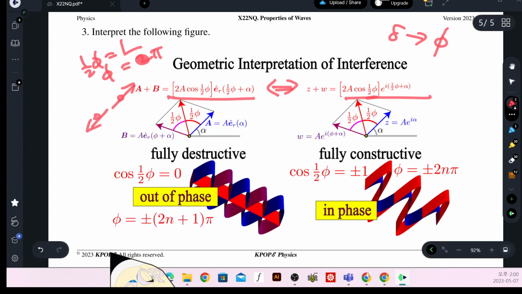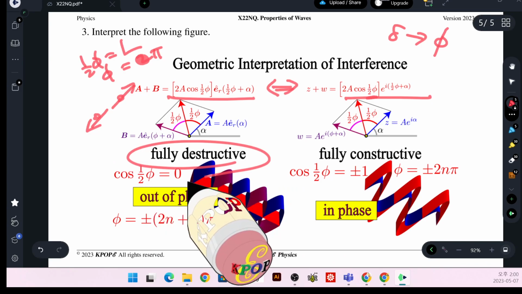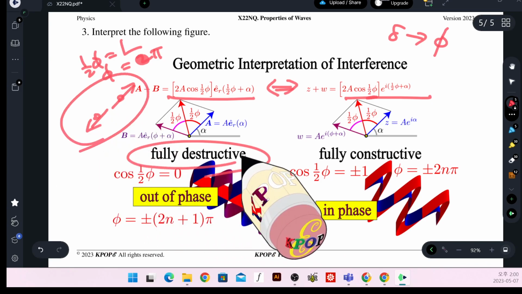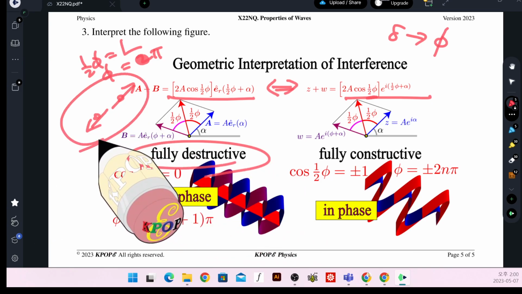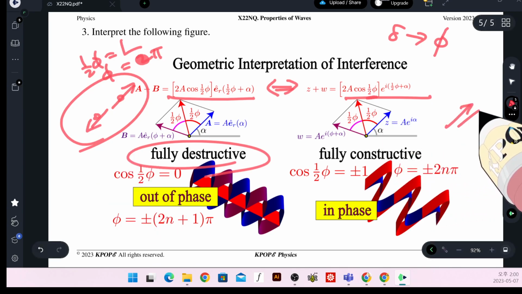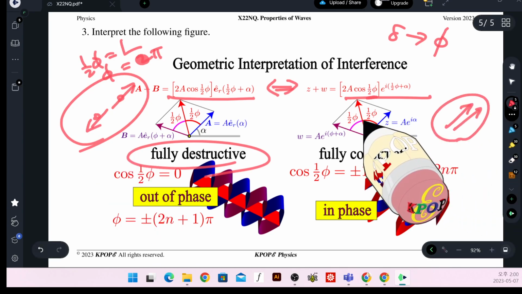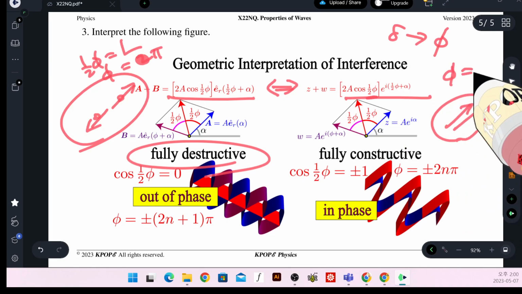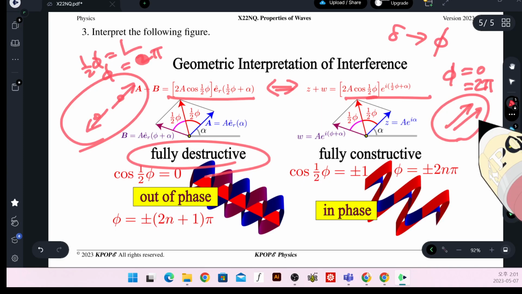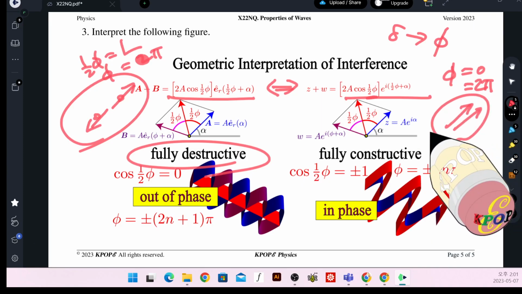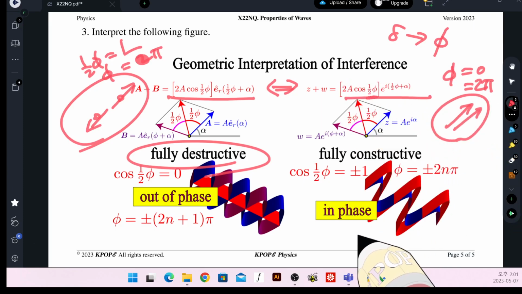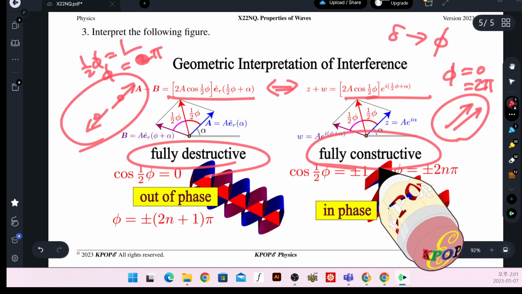In that case, it is completely destructive. If they do not have any angular difference, with phi equals 0 or 2 pi, in that case, they make the amplitude twice. That is called fully constructive.